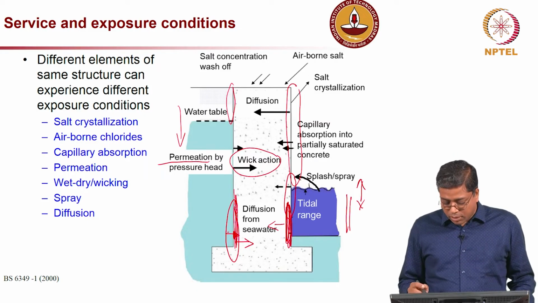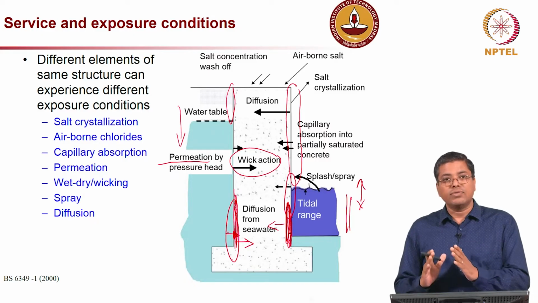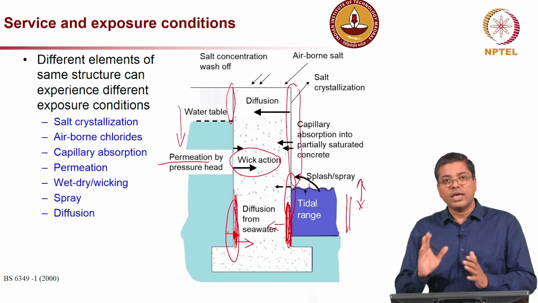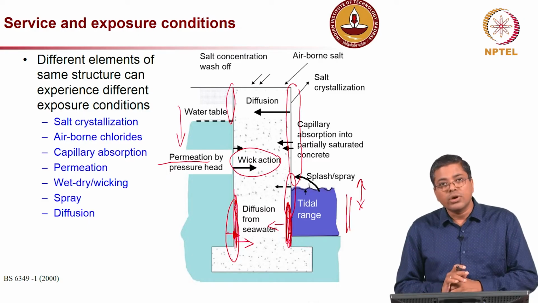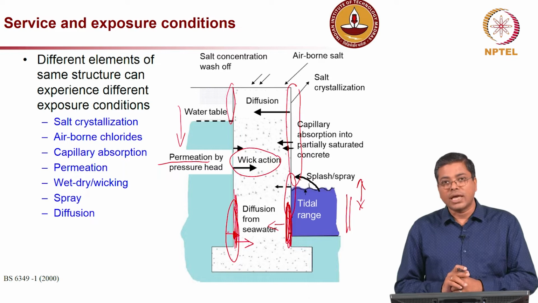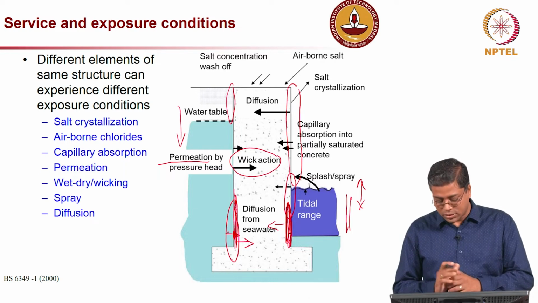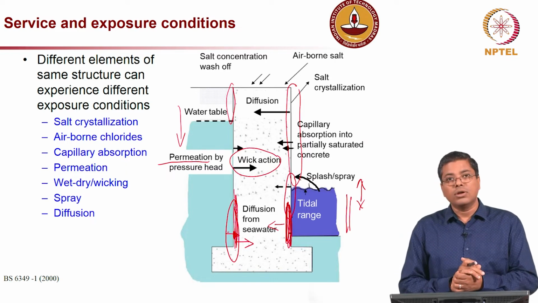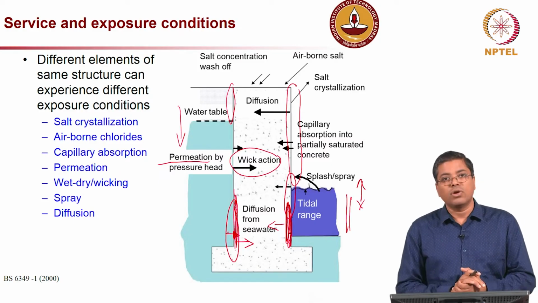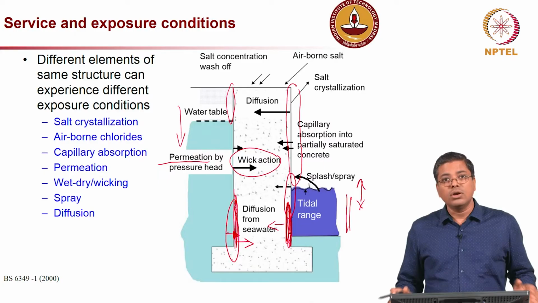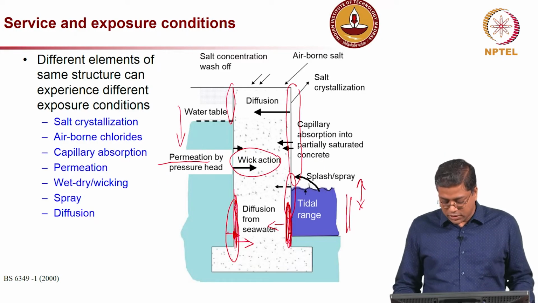So, if you have one concrete structure, every element or every portion of that structure is not going to experience the same deterioration or the same rate of ingress of chlorides; it depends on the surface conditions.